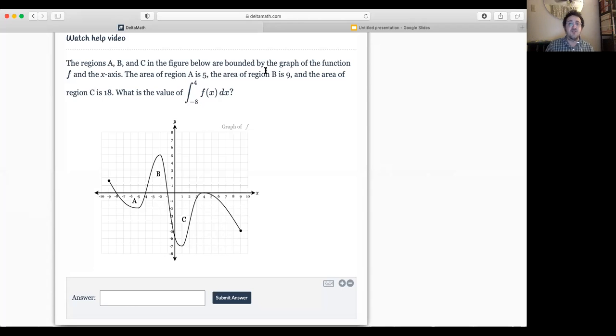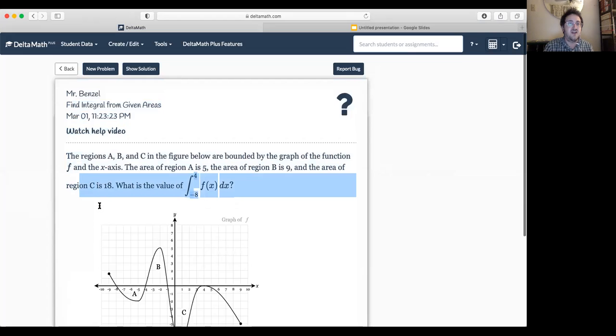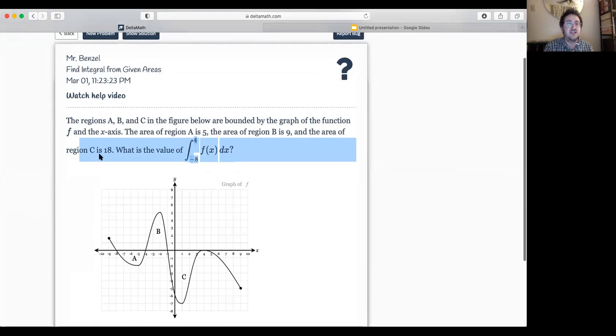All right, so for example 1 here, we are going to be looking at a type of problem that's called find integral from given areas. The good news is that they already are computing the integrals for you, or parts of the areas for you.